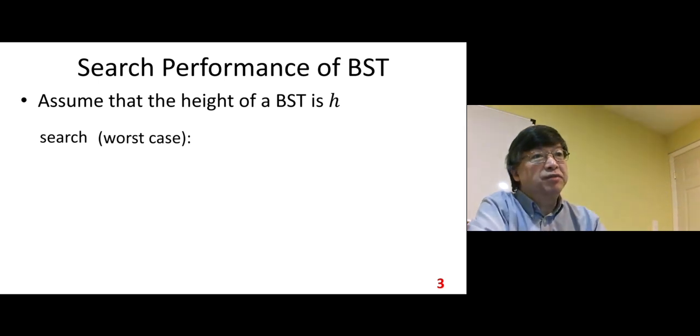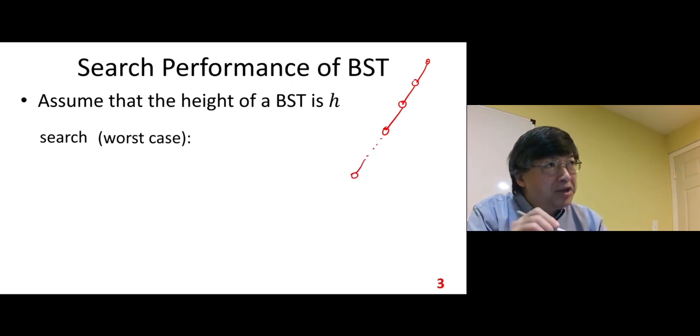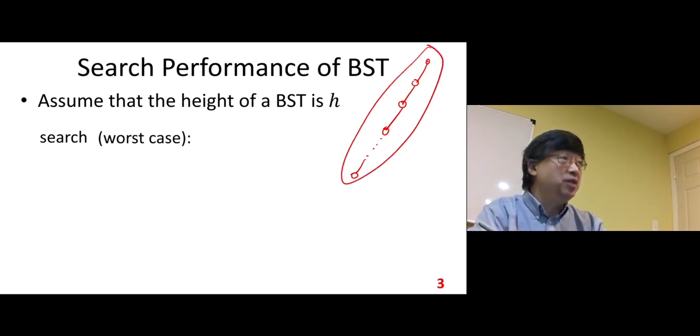First, the worst case. The worst case, we know, if our binary search tree has this kind of structure, this extreme unbalanced structure, this is a legal binary tree, right?